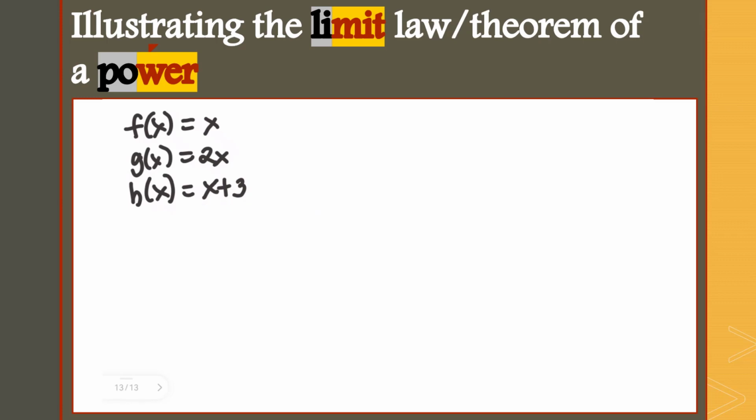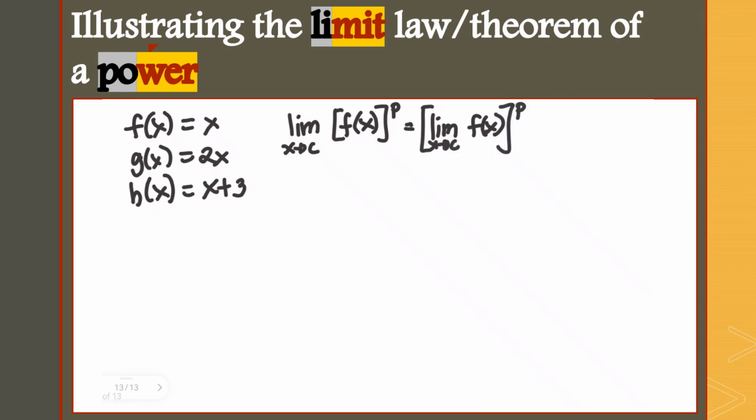And if we are going to have an expression similar to this, the limit of f of x raised to an exponent, let's say p, any integer p, as x approaches c, this is just equivalent to stating that we are just going to raise the entire limit of the function as x approaches c to the same exponent.